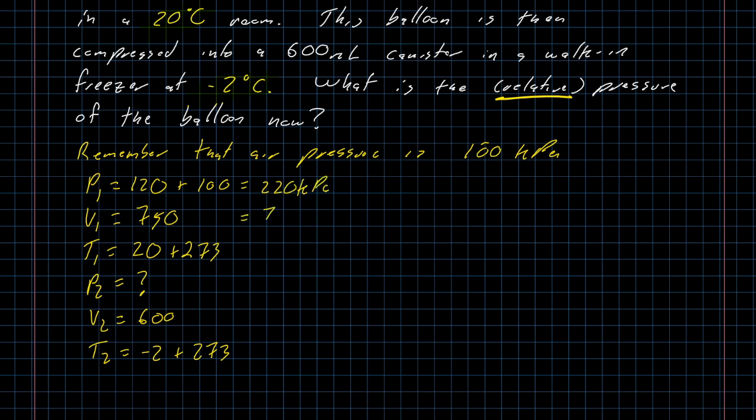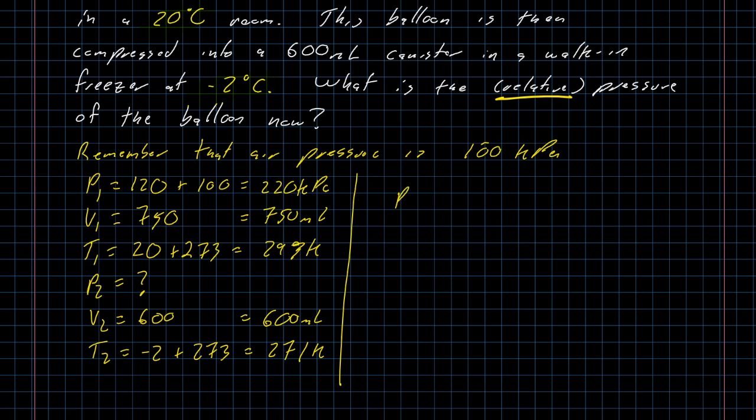Our initial volume is 750 milliliters. Our initial temperature is 293 Kelvin. Our final pressure is still unknown. Our final volume is still 600 milliliters. And our final temperature is 271 Kelvin.